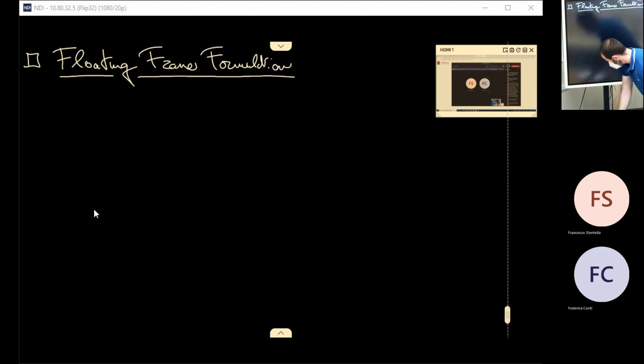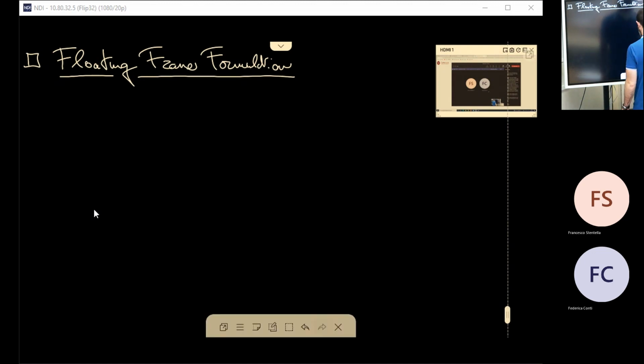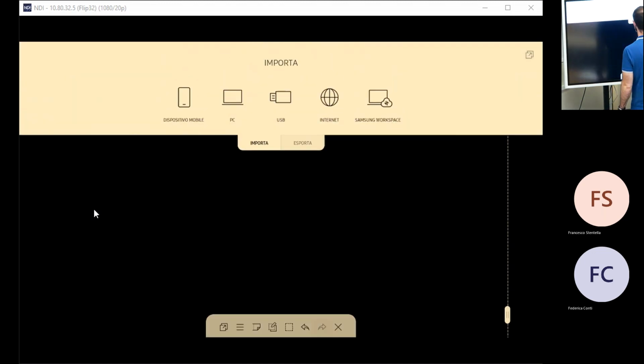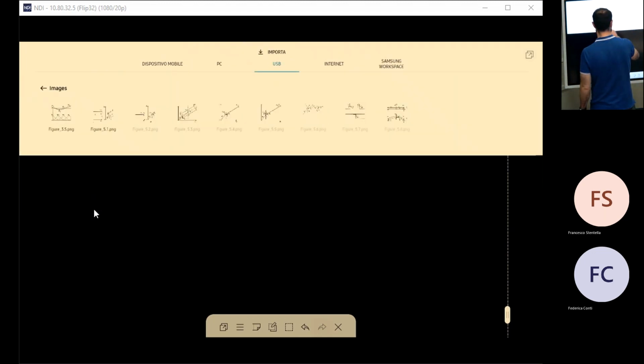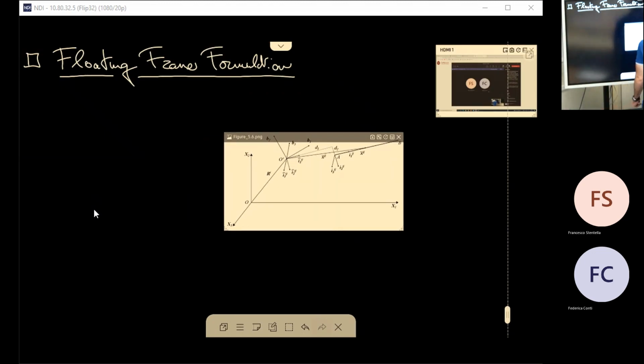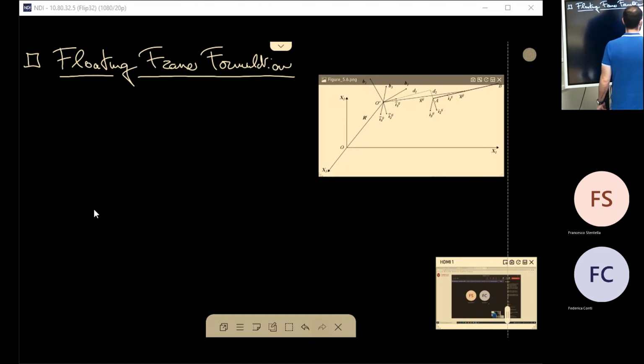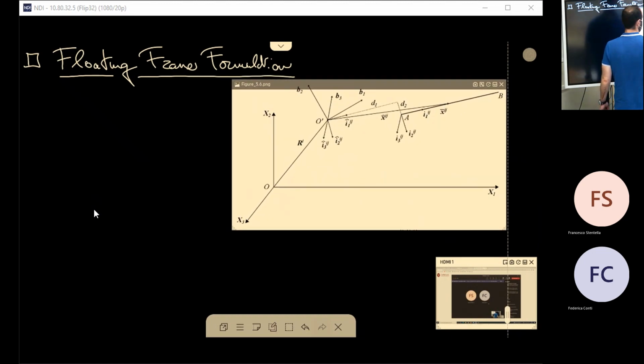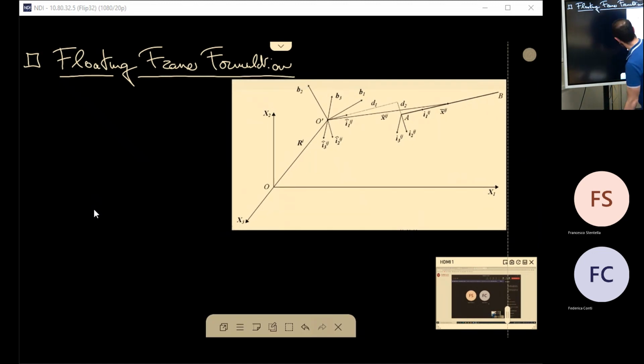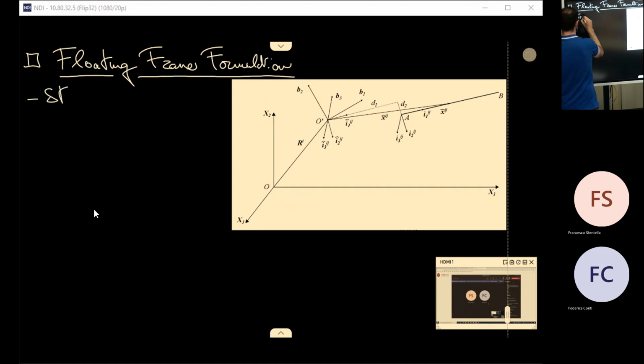So just to continue from where we were at, let's make reference to the picture that we were dealing with last time, which was the following one. If you remember, we started from the following definition.